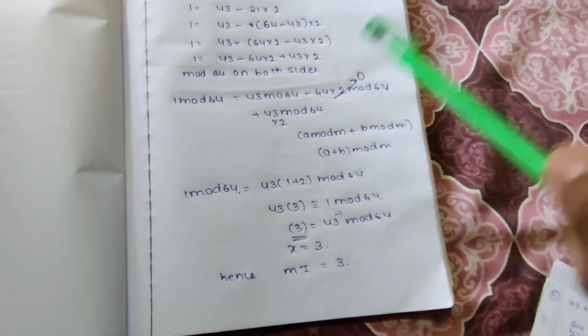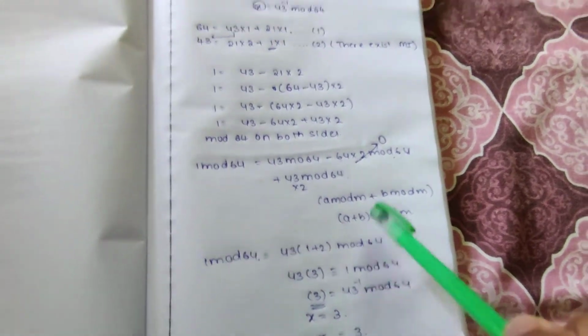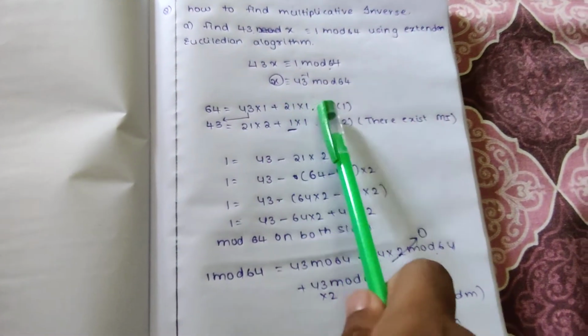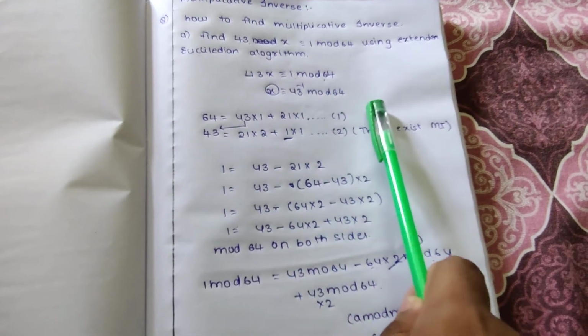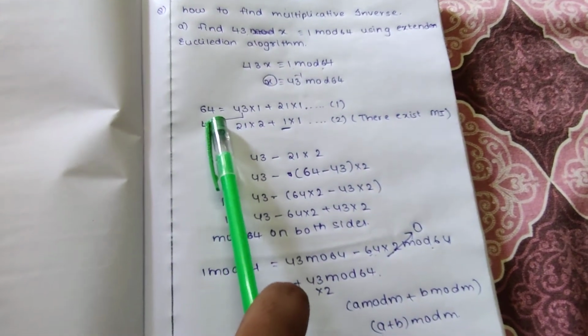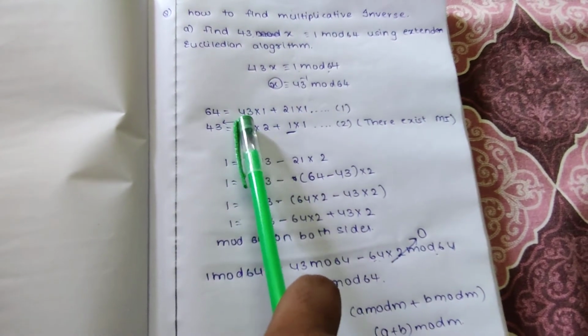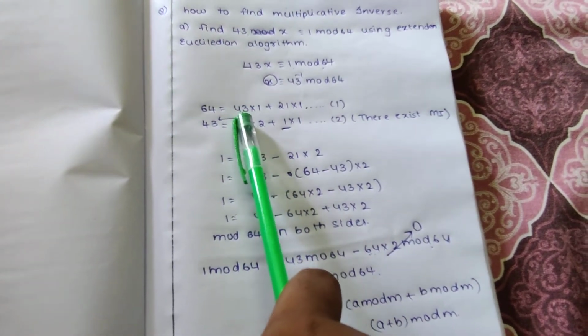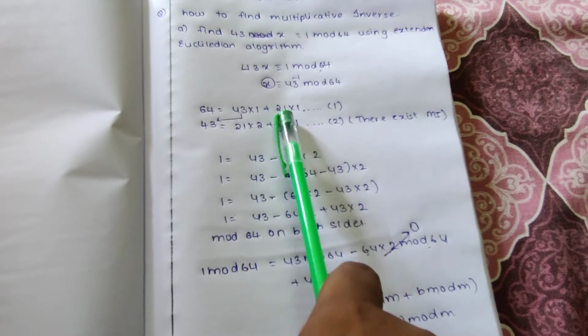Before going to the other sum, once again I will summarize this sum. To find 43 inverse mod 64, first you take 64 and write it in multiples of 43, that is 43 into 1 plus 21 into 1.